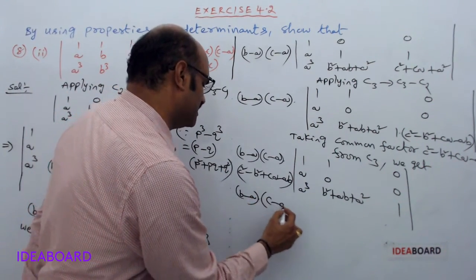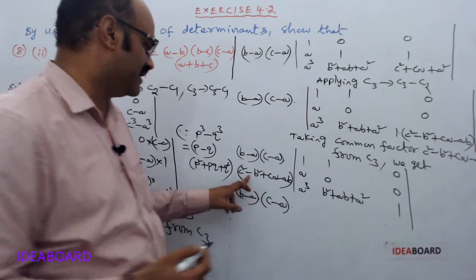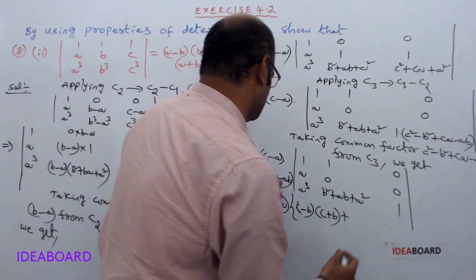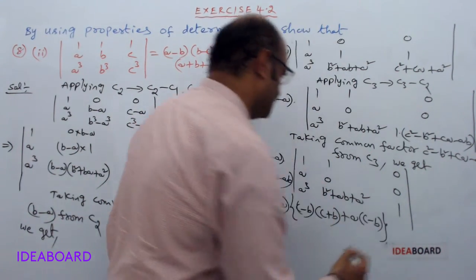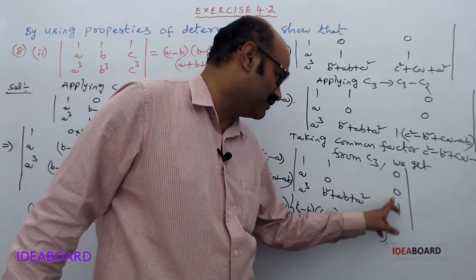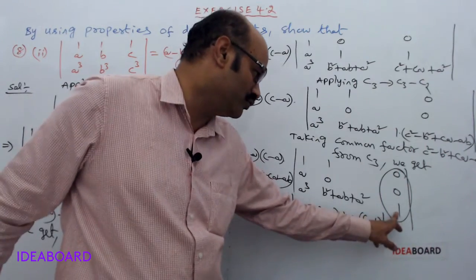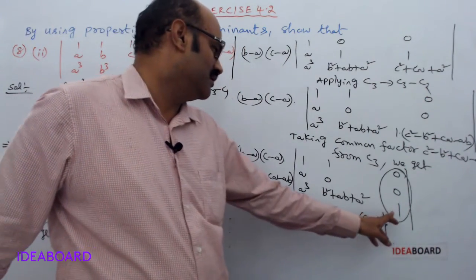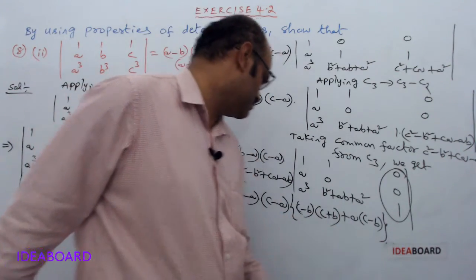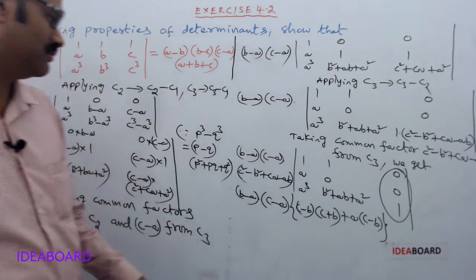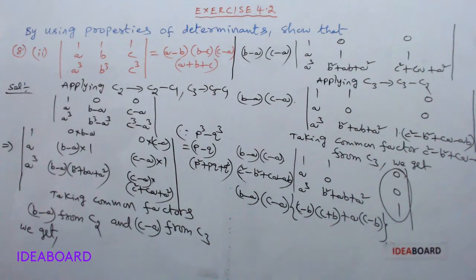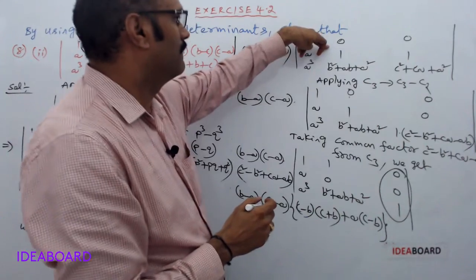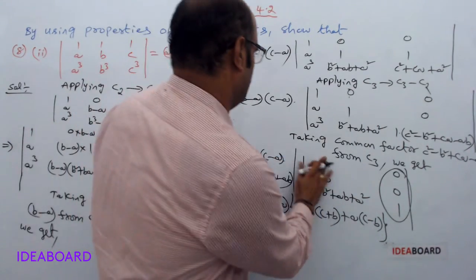B minus A into C minus A into C square minus B square can be taken as C minus B into C plus B plus A is common here into C minus B into, when you expand this one along C3 we have 1 into 0 into anything 0, 0 into anything 0, 1 into, here it is 0, 1, 0, 1, it's 0, 1.